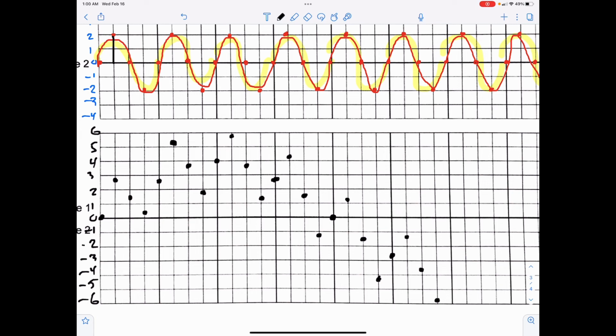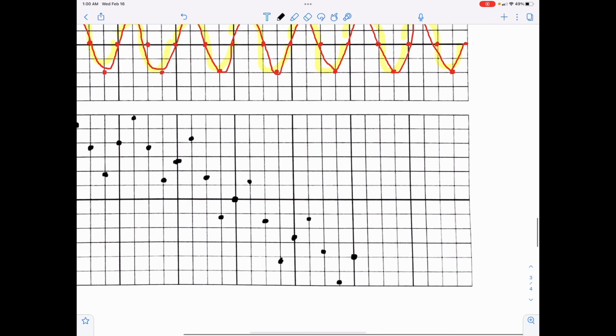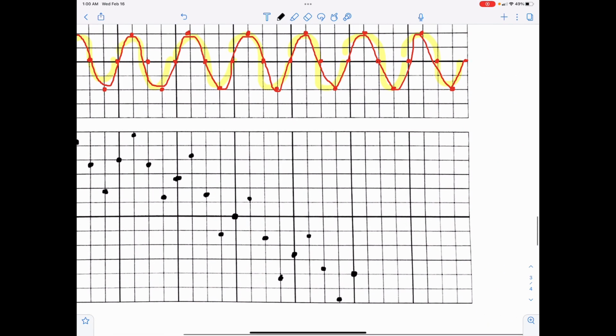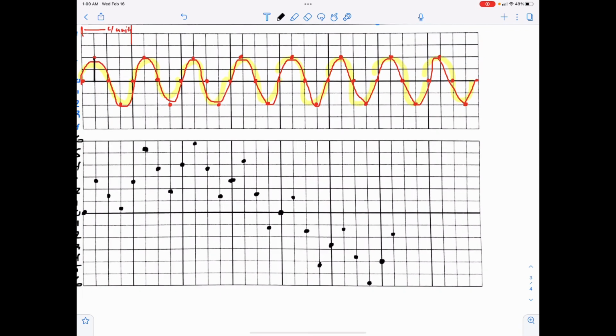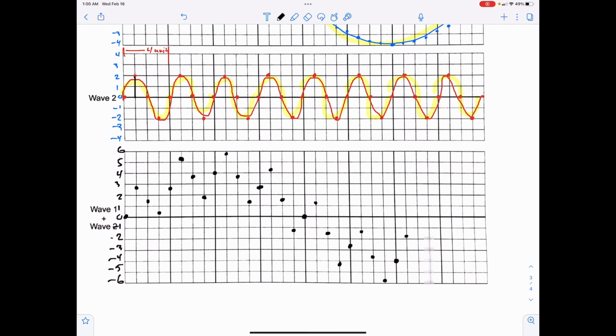At block 24, we're down to negative 4. At block 25, we're at negative 1.9. At block 26, we're at negative 3.7.